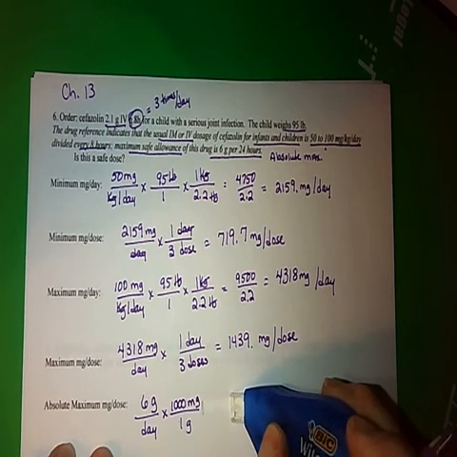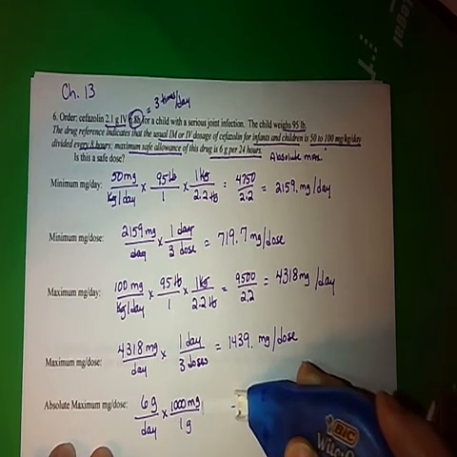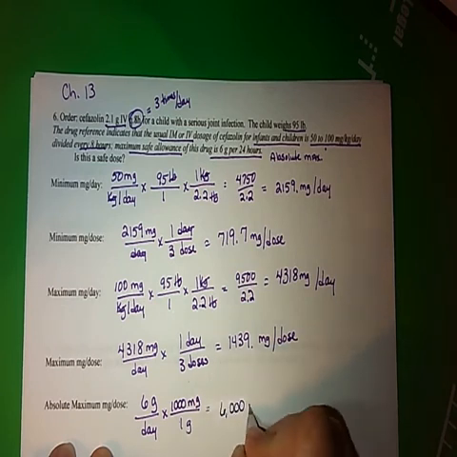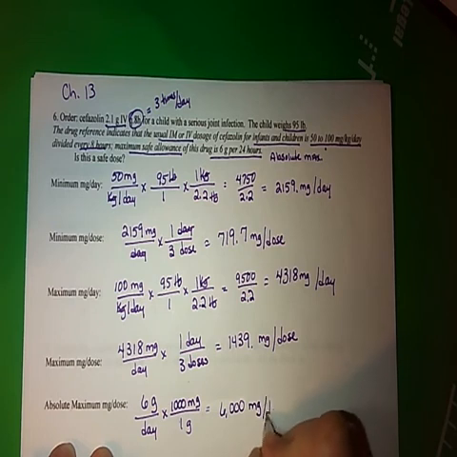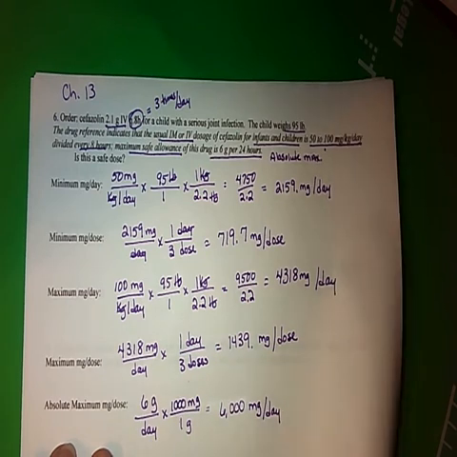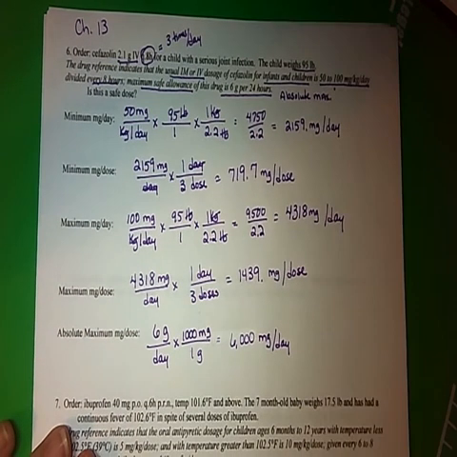It doesn't matter the child's weight here, because it's 6 grams per day, which is equal to 6,000 milligrams per day. I did all these in milligrams because it all asked for milligrams.